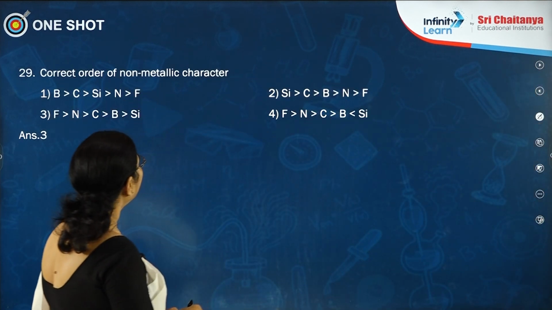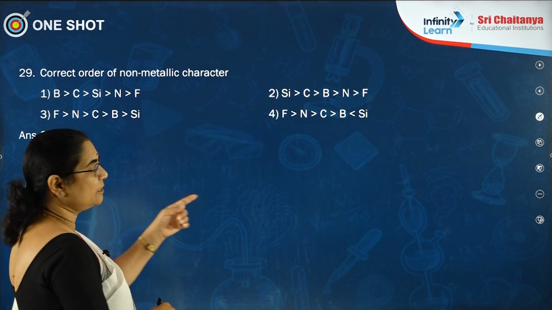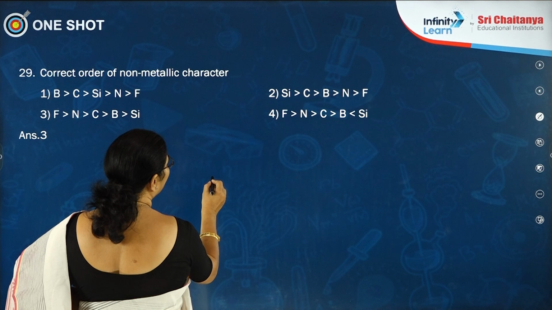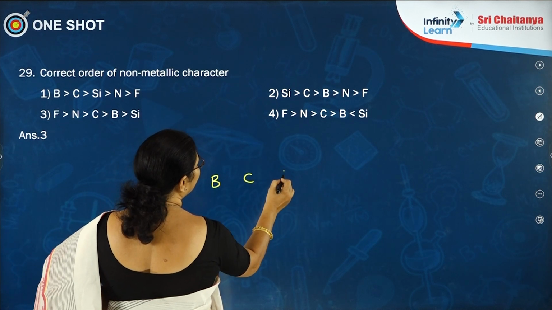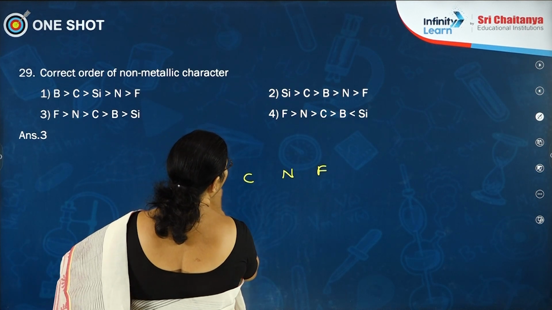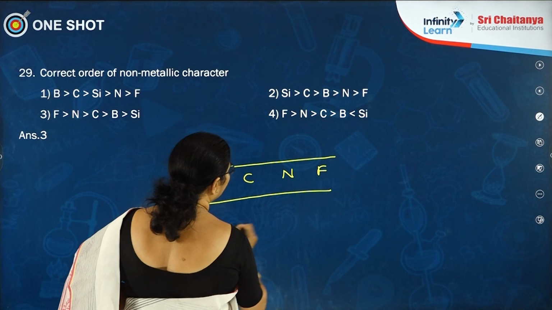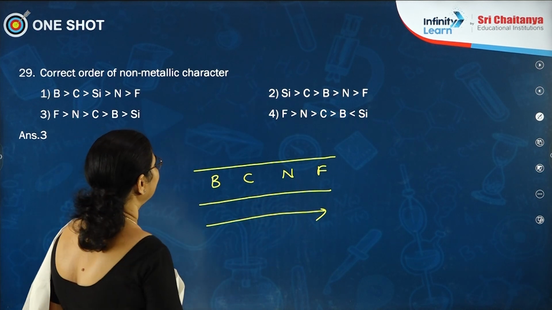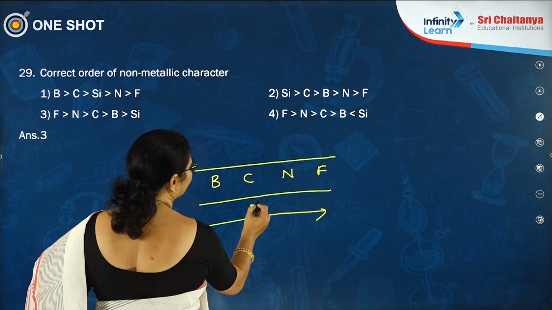Correct order of non-metallic character. This is also an NCERT example. Boron, carbon, nitrogen, fluorine are all from the same period, second period. As we move across, non-metallic nature increases. Silicon comes here.